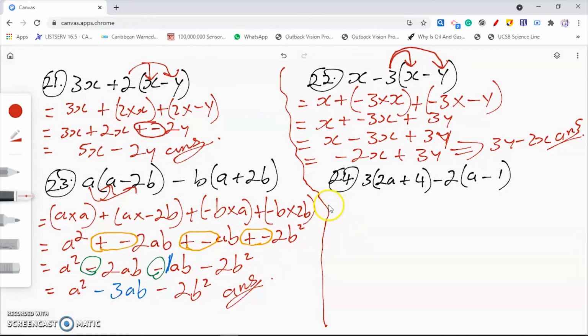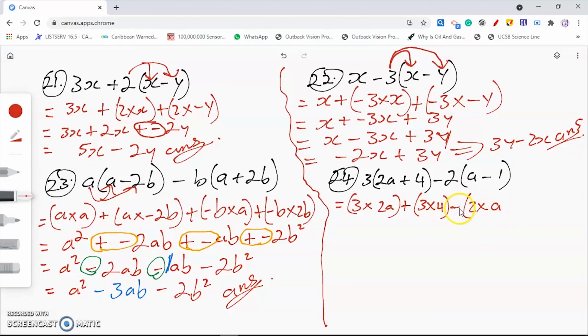Good. Then number 24, we have 3 open bracket 2a plus 4, minus 2 open bracket a minus 1. So we get 3 times 2a, plus 3 times 4. Let me do it with the minus outside the bracket. Minus open bracket 2 times a.